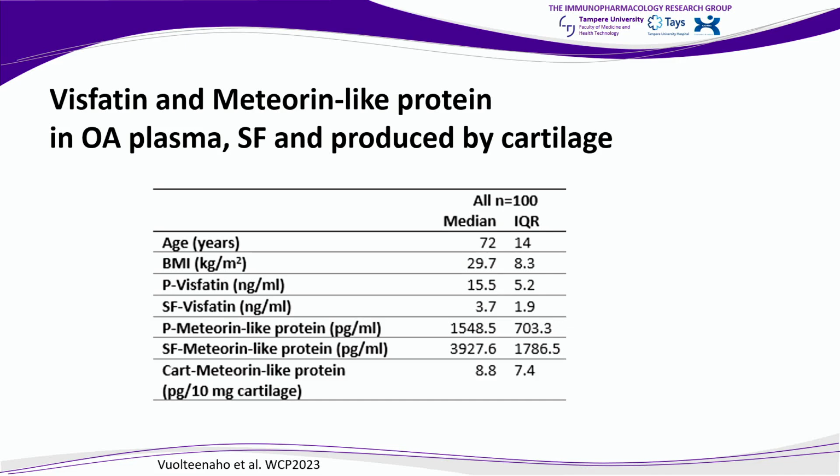We measured visfatin and Meteorin-like protein levels from these samples, and we really did find visfatin in plasma and synovial fluid samples, and we did find Meteorin-like protein in plasma and synovial fluid samples, and also in cartilage culture medium samples of these patients, all at the nanogram per milliliter level.